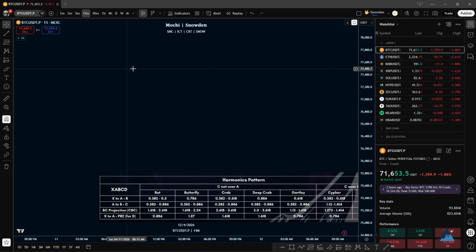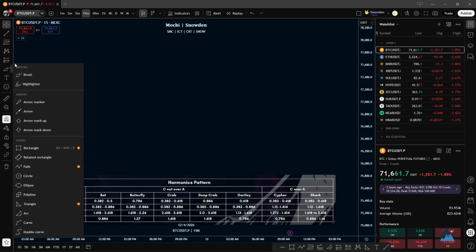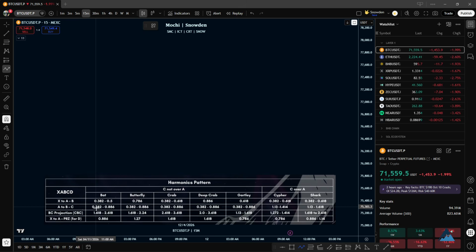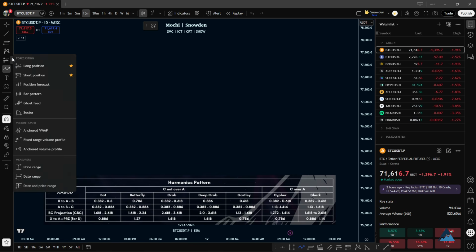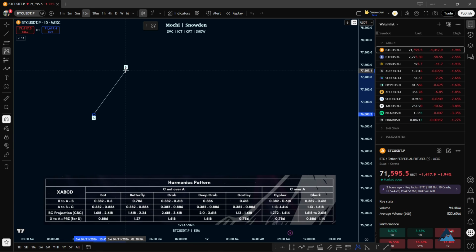Okay. So, for example, we have an harmonics, no? Let's say, random harmonics lang. Hindi. Let's do a bat pattern. B leg is 0.382.